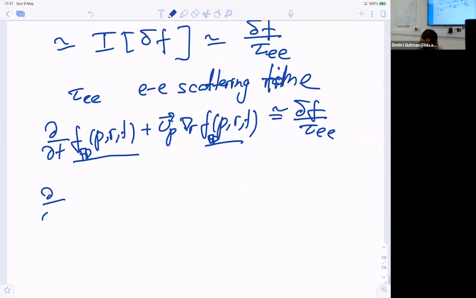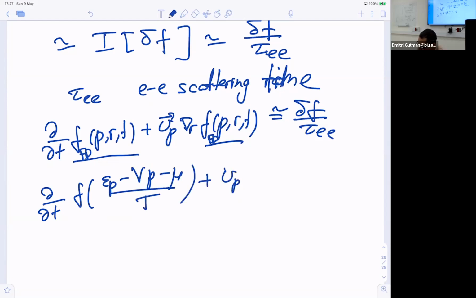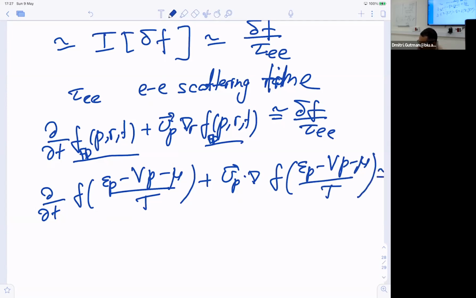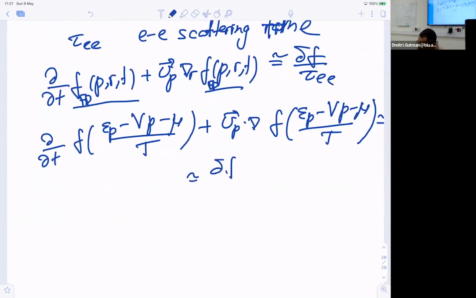So we'll have ∂/∂t f((ε_p − v_p·u − μ)/T) plus v_p·∇ f((ε_p − v_p·u − μ)/T), all this approximately equal to delta f over tau_ee.